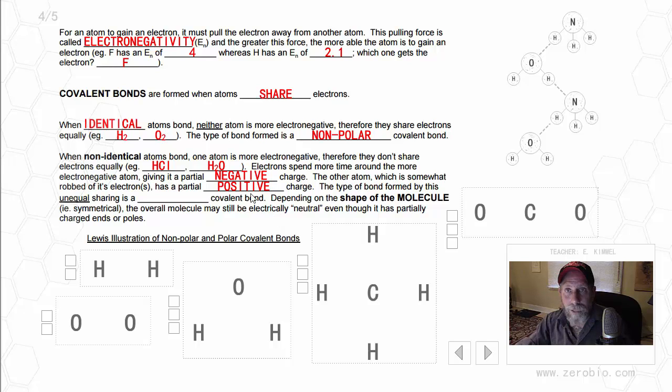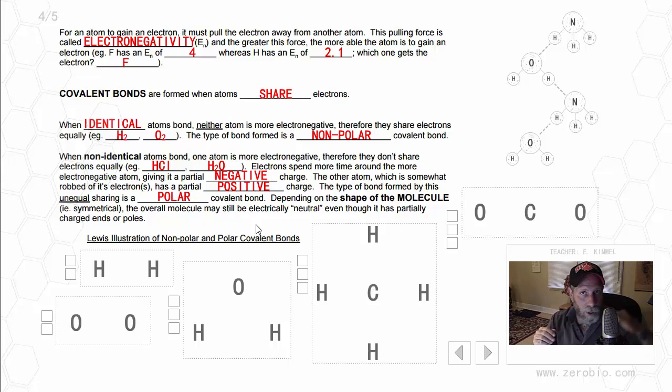So negative and positive are the different charges. They're called partial charges. They're not ions like Na+, a full positive, or Cl-. These are partial charges, and there's a way that we write partial versus a full charge, like Cl-. We don't write it like that. You'll see. The type of bond that results from this unequal sharing is called a polar covalent bond.